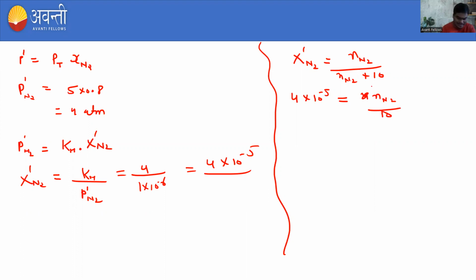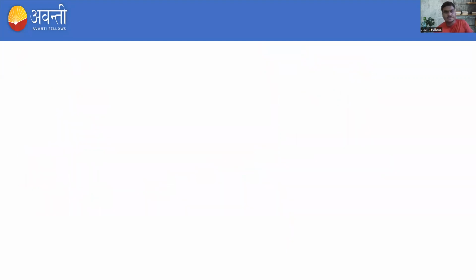This will be neglected, since N2 is very less than 10. So we calculate the number of moles of N2 as 4 into 10 to the power minus 5 into 10, or we say 4 into 10 to the power minus 4. So this is the correct one.